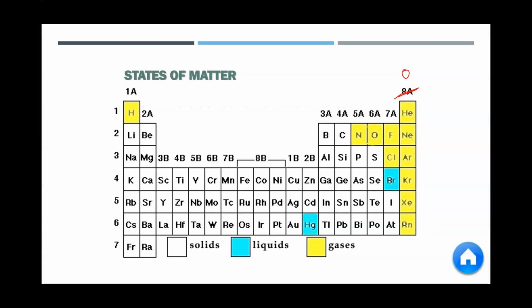Then we have these elements here, they're gases. So we have nitrogen, oxygen, fluorine and chlorine, and then our hydrogen. Remember, on our periodic table, hydrogen is here, but that's a gas. So everything in group 0, and our hydrogen.